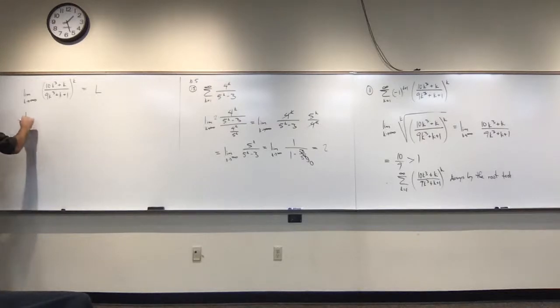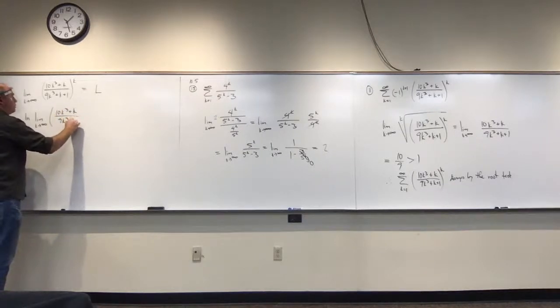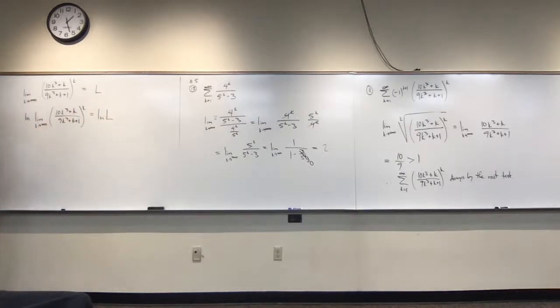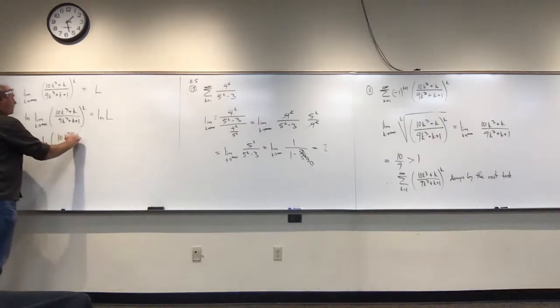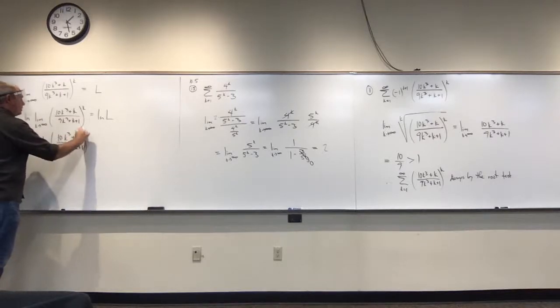So ln of the limit as k goes to infinity of all this stuff is ln of L. Now I can flip the limit and the ln, and this is equal to the limit as k goes to infinity of ln of all this stuff to the k.